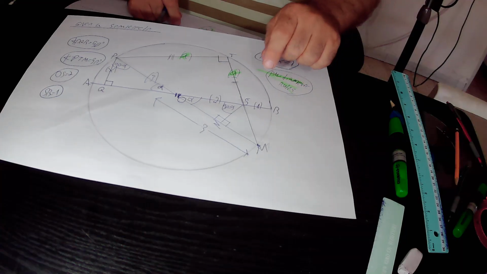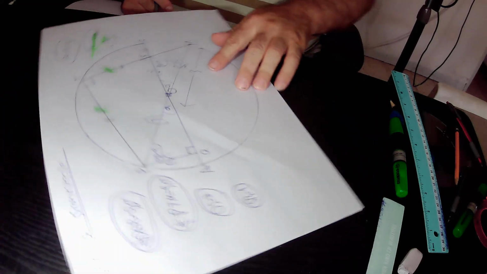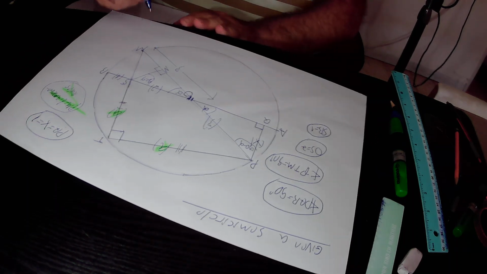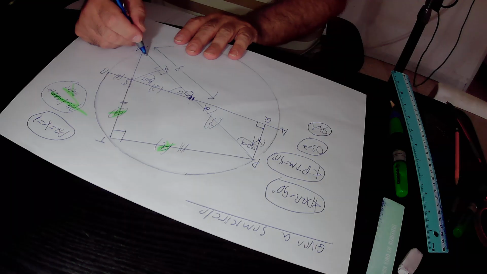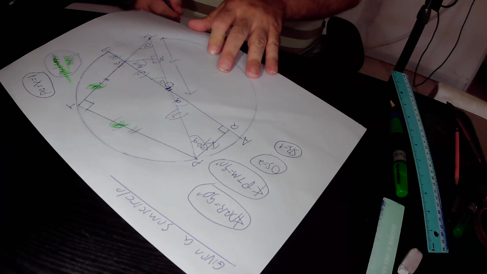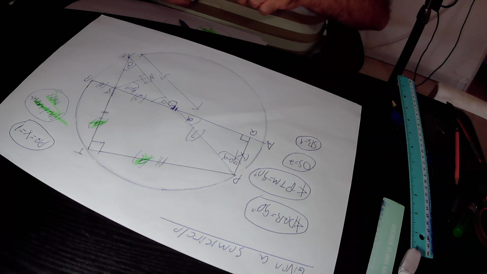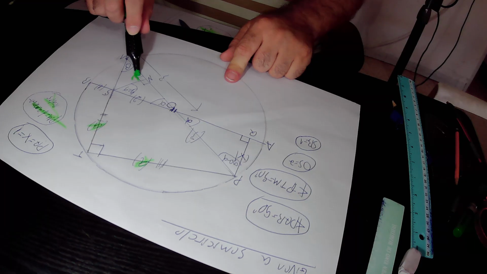In the next step, we define this angle as beta. The size of this angle is equal to beta. And we will focus on the right small green triangle, triangle SNM.